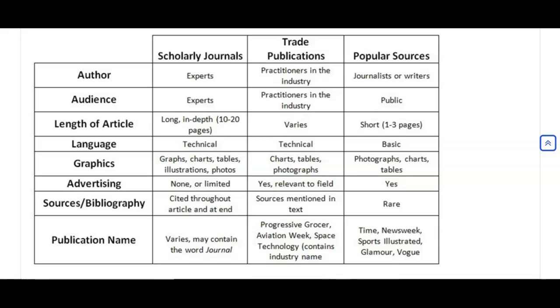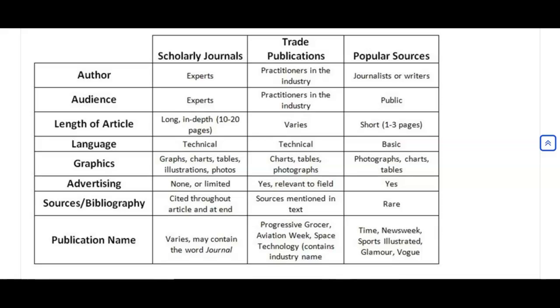Now, think about popular sources as magazines. These are usually not written by content experts, but by professional writers or journalists, and the audience is the public. So they're shorter, less technical, and more graphics based, because the audience is the general public.